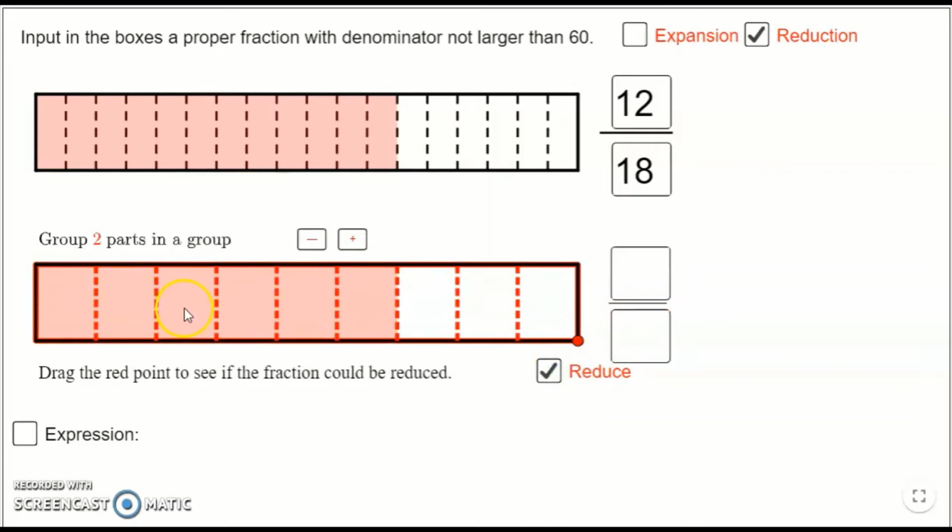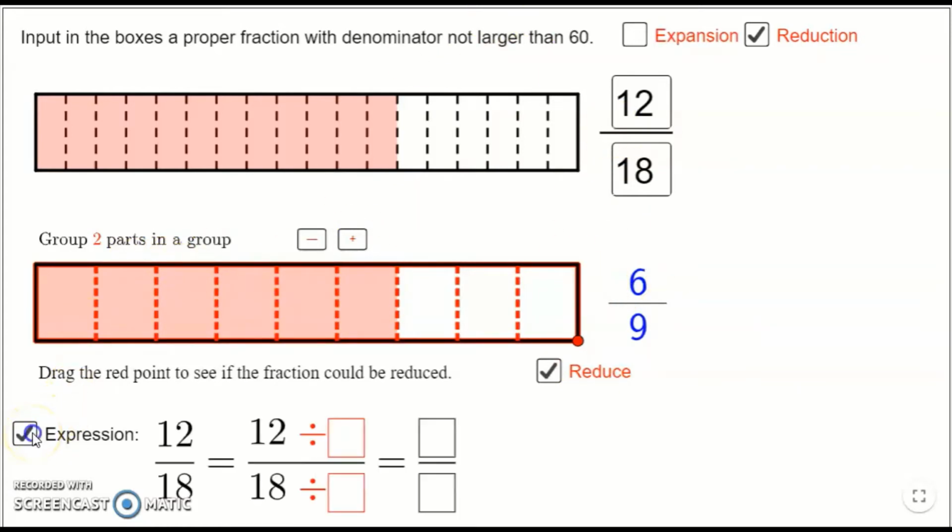This now becomes 6 on the top, and on the bottom we have 9. So this is the same as 6/9.